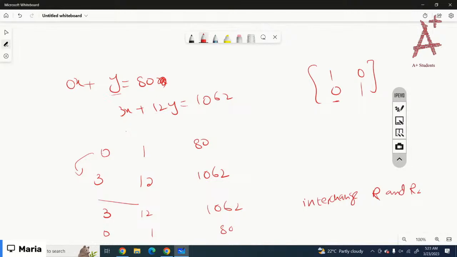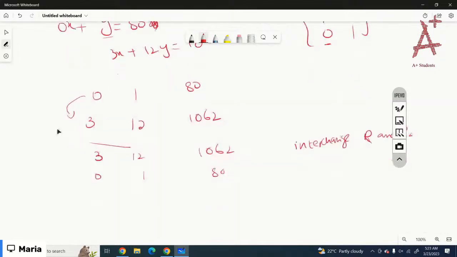Okay, now here you need to make 1. So just divide the first row by 3. It would be multiply R1 by 1 over 3. Basically dividing or multiplying is the same. It would be 3 over 3, 12 over 3, 1062 over 3.